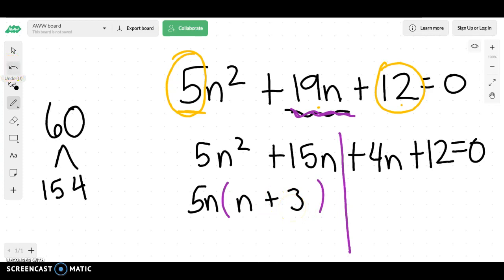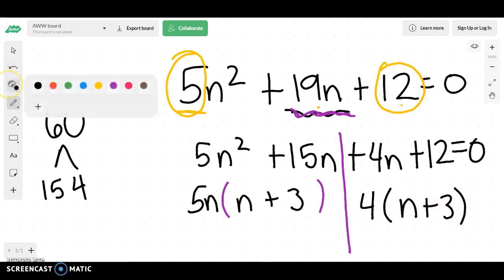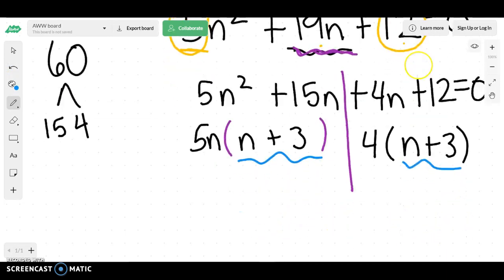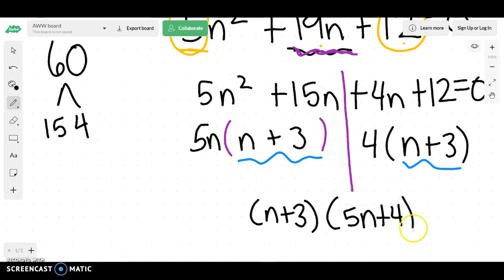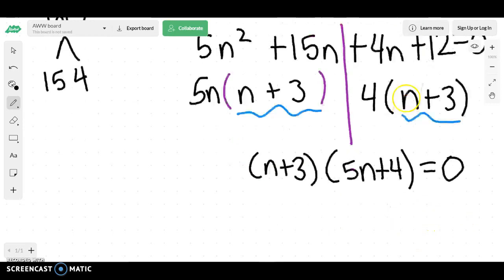We're going to factor this second part, which a 4 would factor out of the second part, leaving me an n plus 3. I could now see that this and this are the same, so we can factor that out and get n plus 3, and then factor the other part out and get 5n plus 4, and these both again equal 0.